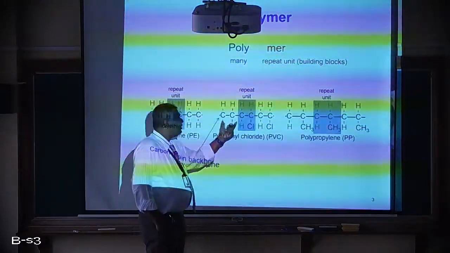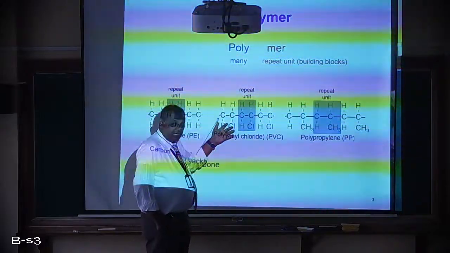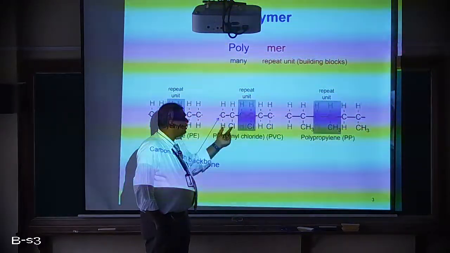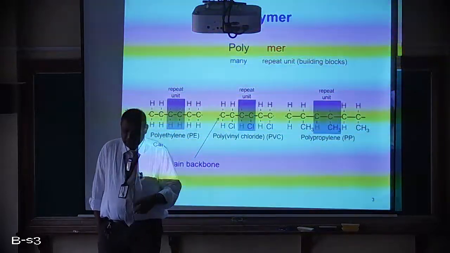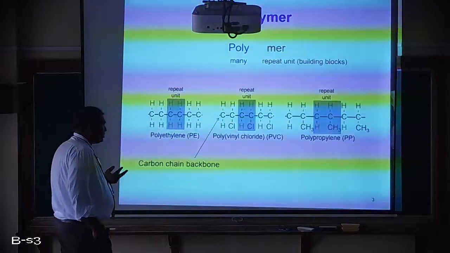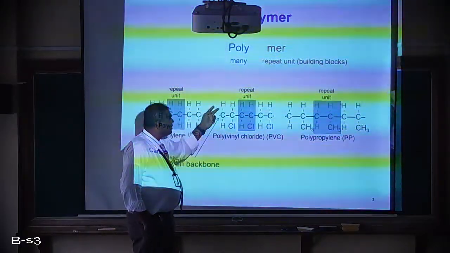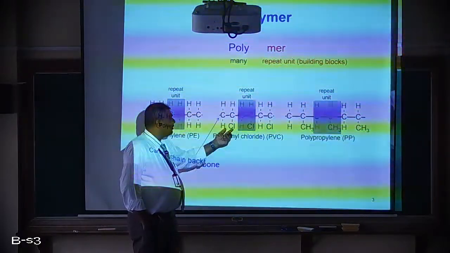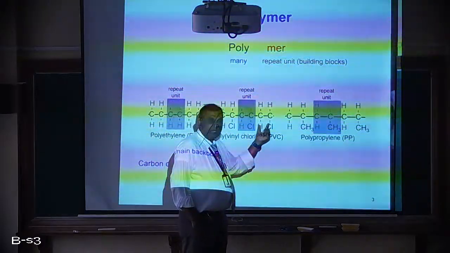In PVC you can see C2H3Cl. This is one molecule, and it is repeated like this: two carbons, three hydrogens and one chlorine, repeated every time.